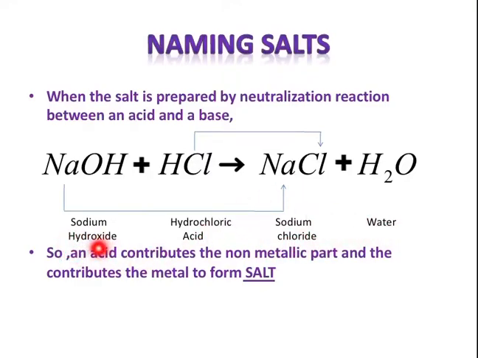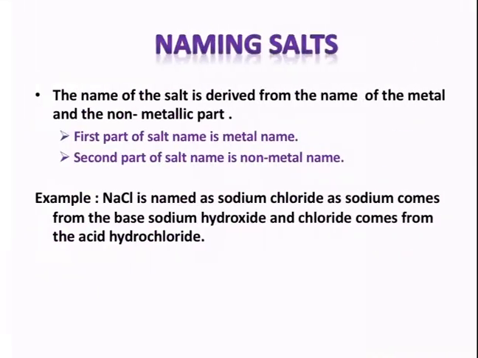As you can see, the acid contributes the non-metallic part and the base contributes the metal to form the salt. From the base the metal part is taken, that is sodium, and from the acid, chlorine, and both react to form sodium chloride.